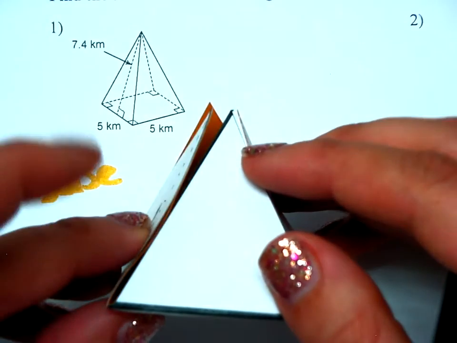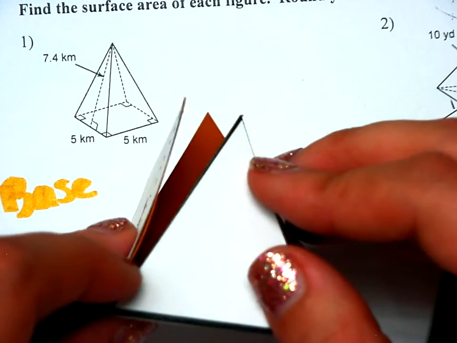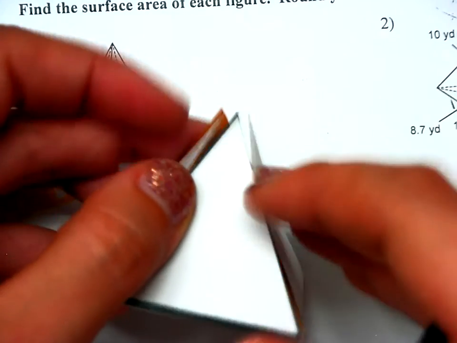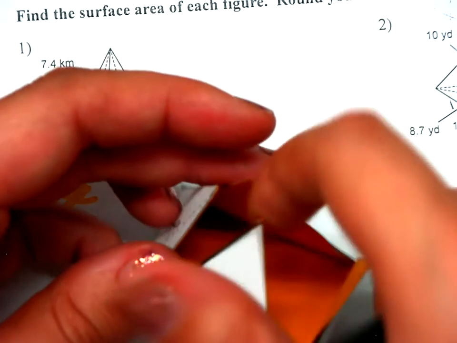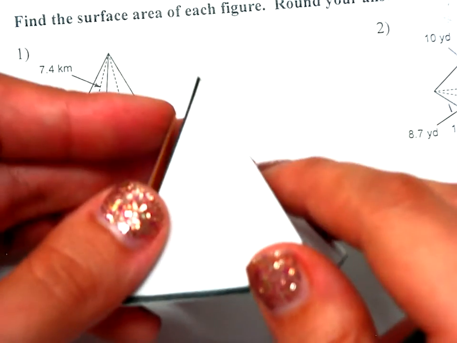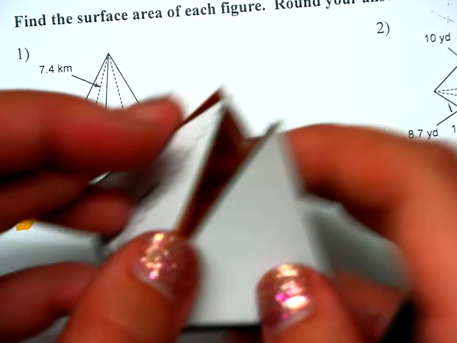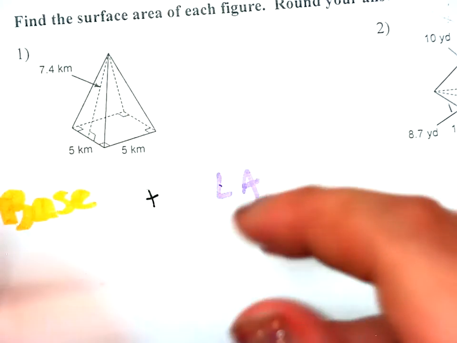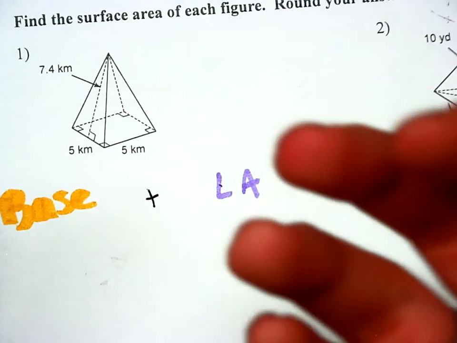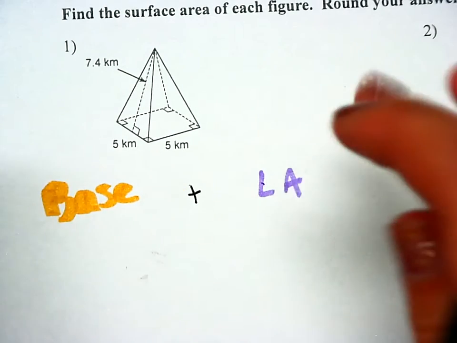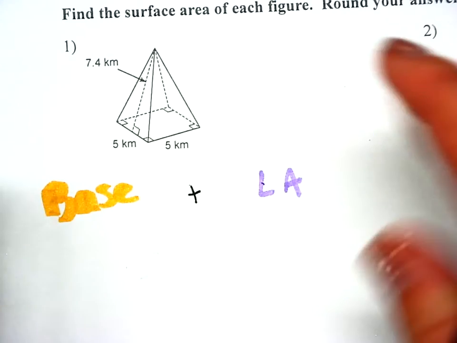That's why the slant height up against the edge right here and the height of the object, so if you were going to go like straight through the pyramid, is different. So slant height is up against one of the edges, and then the regular height is just how tall the object is. You actually don't need the regular height for surface area. You only need that for volume.